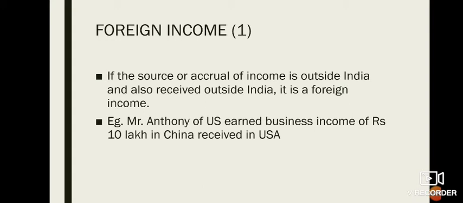The source is a foreign country. Any country other than India is a foreign country, so China is a foreign country. Source of income is China, and it is received in USA, which is also a foreign country. So when the source is a foreign country and the receipt is also in a foreign country, it is known as foreign income.